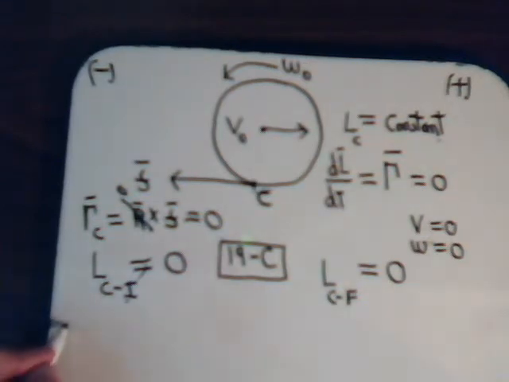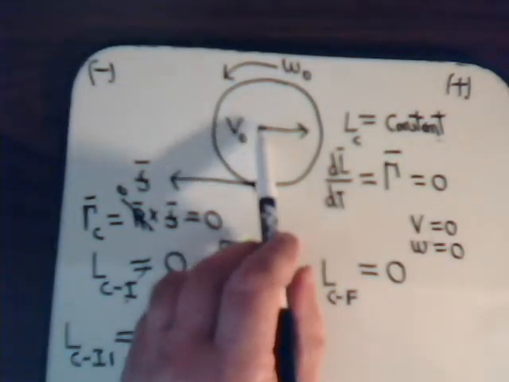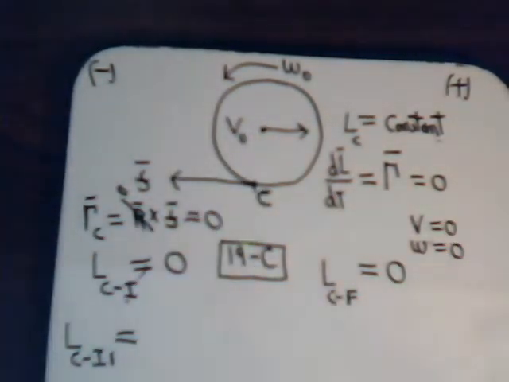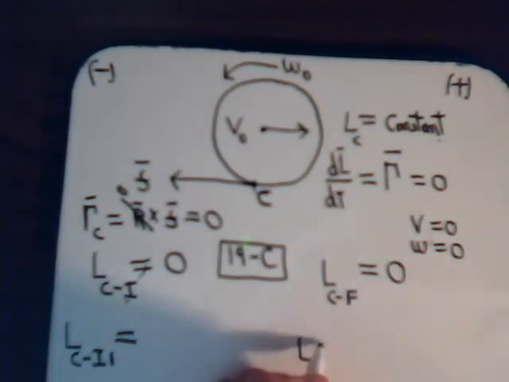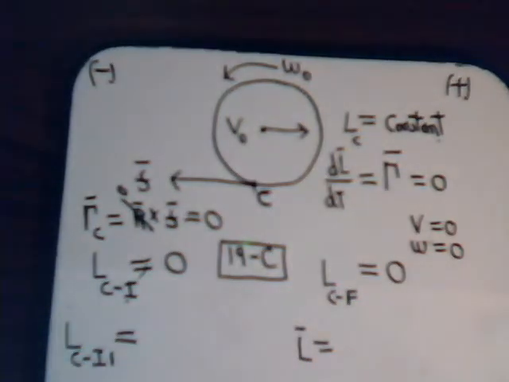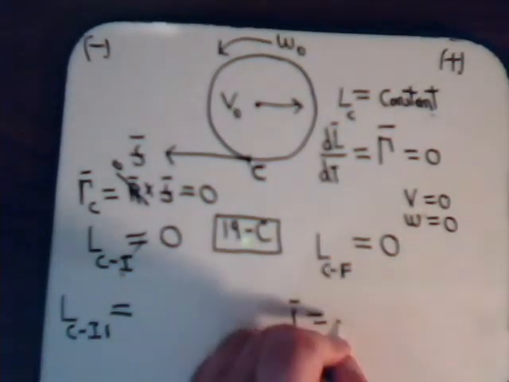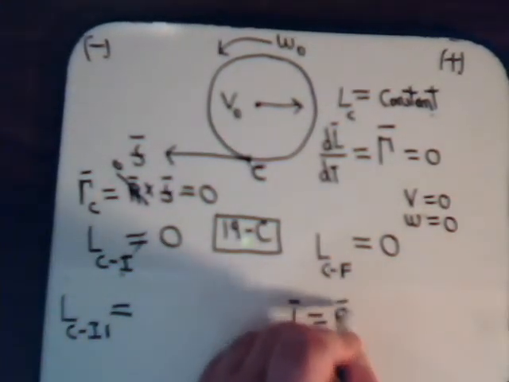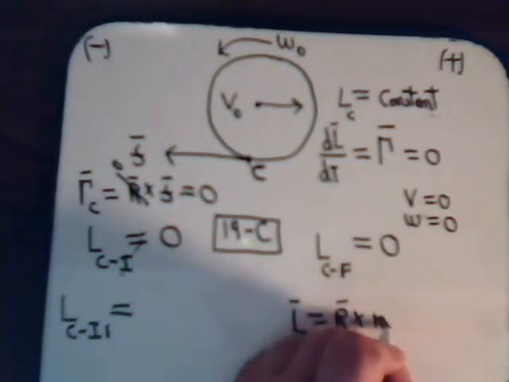So the first component is the angular momentum of the center of mass about point C. Now we know in general angular momentum is the cross product of a position vector with linear momentum.